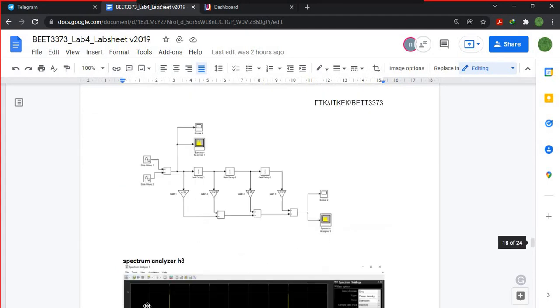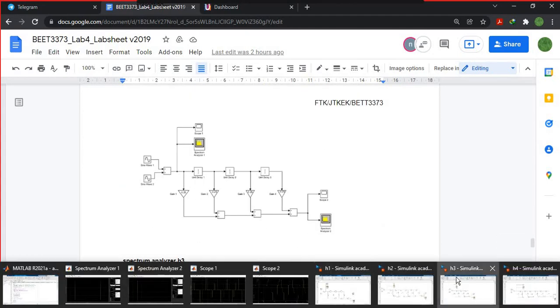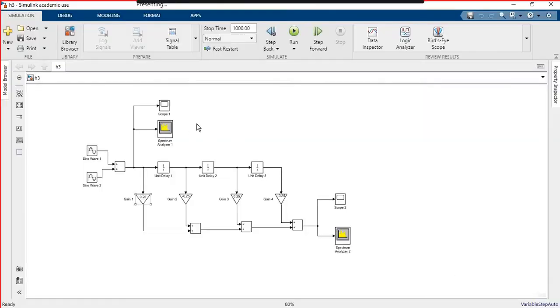Next we go to the Simulink H3. This is the Simulink for H3. We change the gain to the value given in the lab sheet. So we run the Simulink.